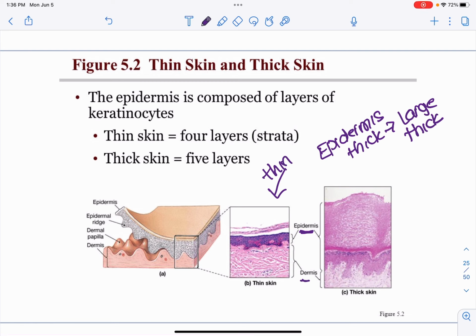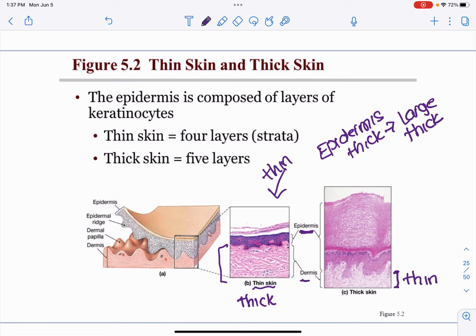But I also want you to take a look at the size of the dermis of each. So the dermis of thin skin is quite thick, and the dermis of thin skin, let me just back up and make sure I'm saying this right. The dermis of thin skin is quite thick, and the dermis of thick skin is quite thin.